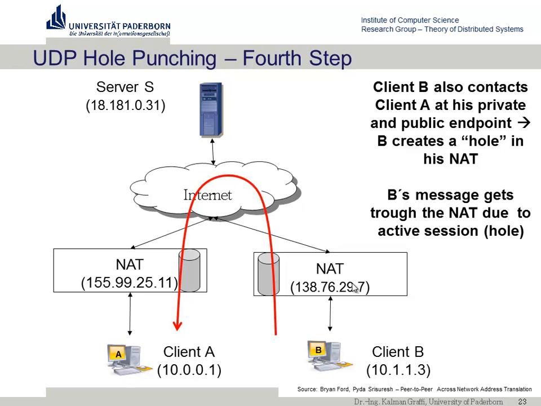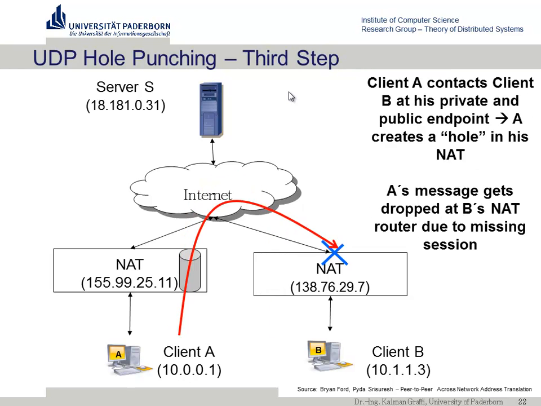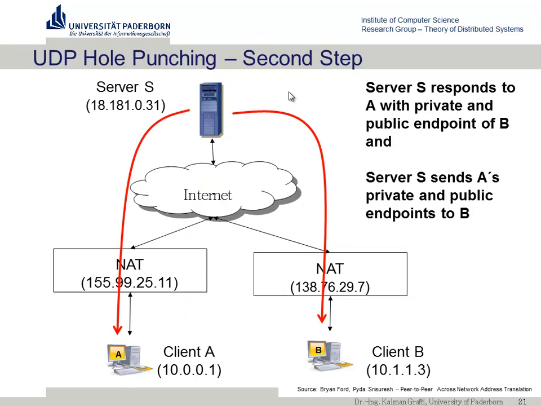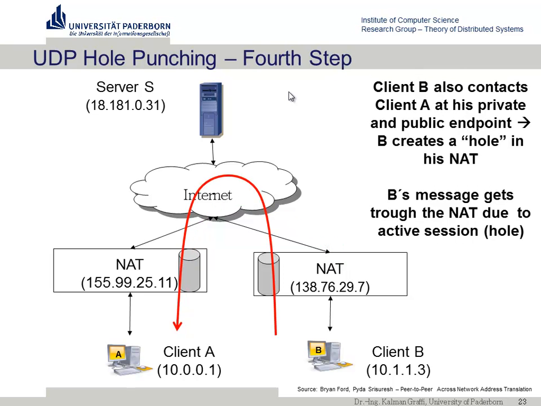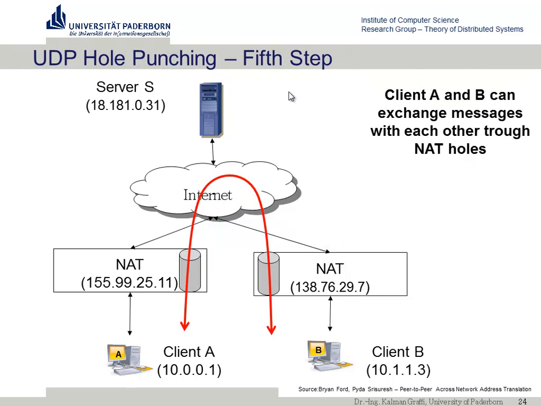The main idea in this case is that if you send out a message, then you open a hole in your own NAT, and that can be used by other nodes to establish the connection. For this UDP hole punching, there are several servers and libraries out there that can be used to try to establish the connection with these two steps. And finally they can connect with each other.